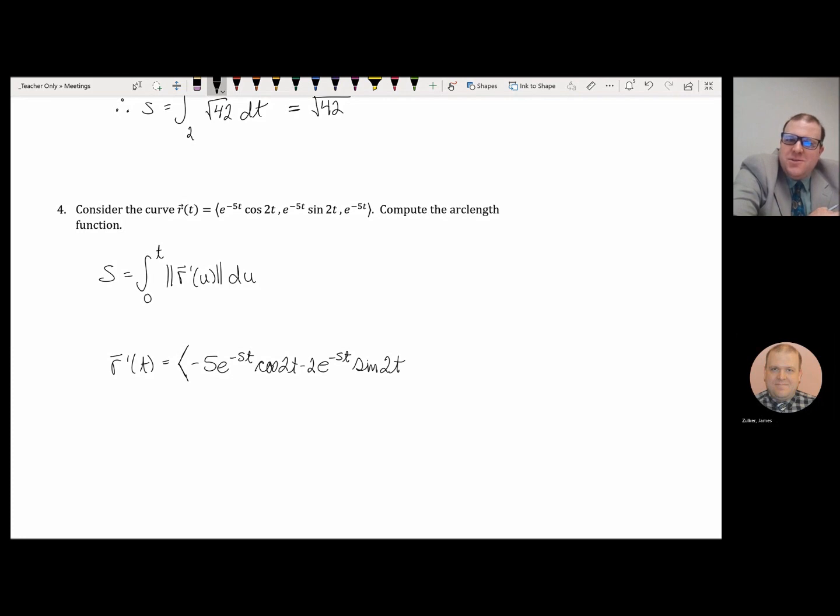That should be the derivative of the first component. There's the second component. And then there's the third component.